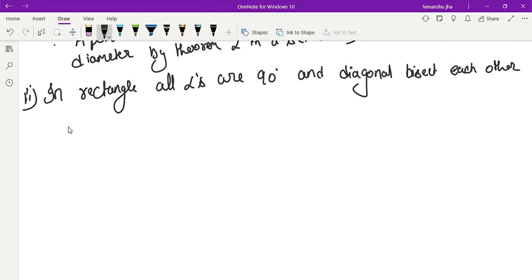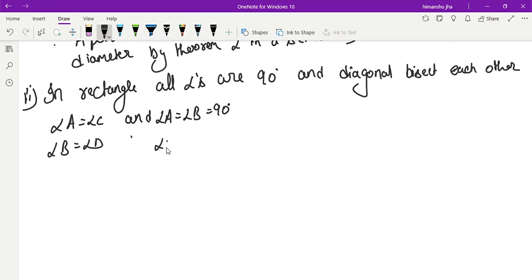Now, as already proved above, angle A equals angle C, angle B equals angle D, and angle A equals 90, angle B and angle D both are equal to 90 degree. So angle A, B, C, D all are 90 degree.